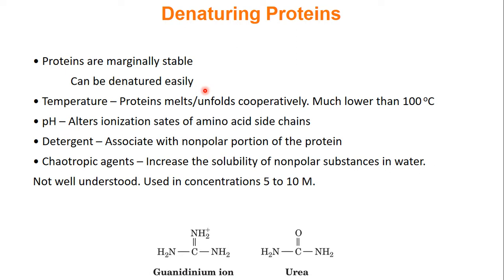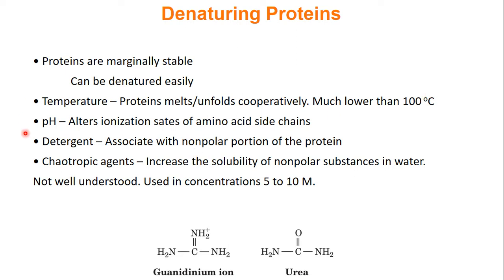And proteins will melt or unfold cooperatively. What that means is that as one part of the protein starts to unravel, it will be like a domino effect. All of the proteins will unravel after that. And proteins will unfold much lower than 100 degrees centigrade. So it's easier to melt a protein than it is to boil water.